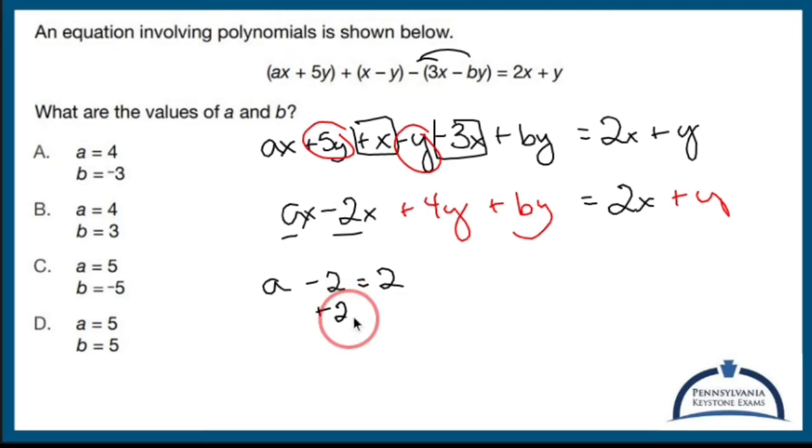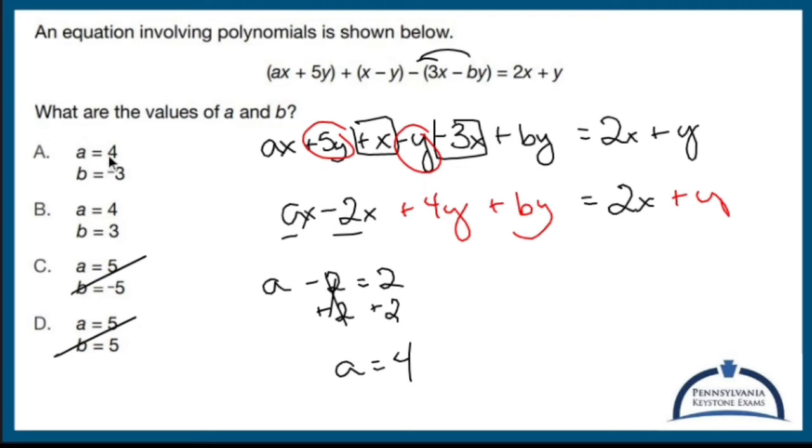If I add 2 to both sides, that gives me a is 4. So what I did is, I need to make ax's, so something x's minus 2x has to equal 2x. So if that a was 4, 4x take away 2x gives me 2x, so A has got to be 4, which eliminates two of the answer choices.